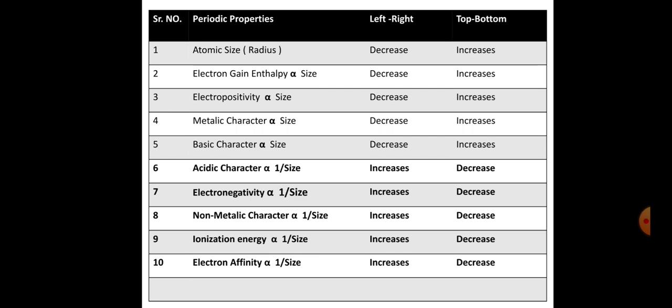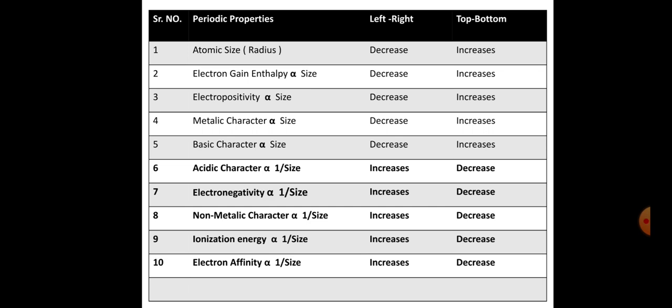But in this case we want an electron to be added to the element, so this is the opposite tendency. We require much energy as the element wants to lose, and we want to feed an electron to it. So this is a conflict, and much energy is required when the size is bigger.